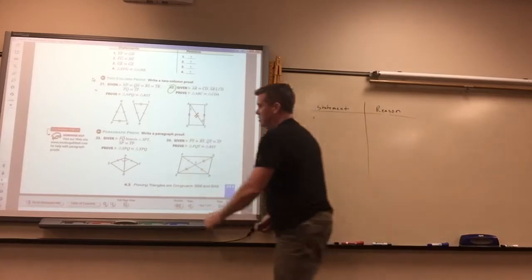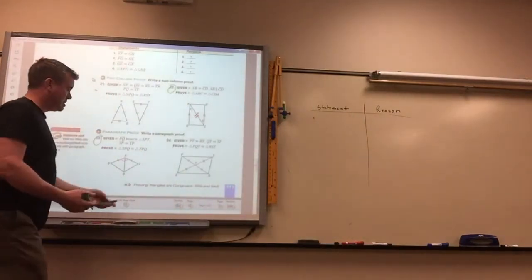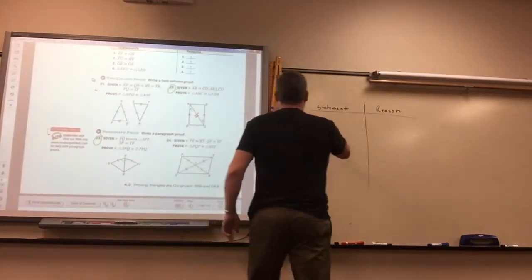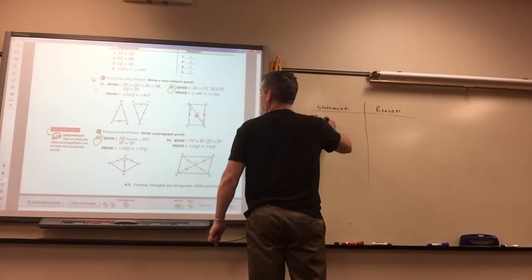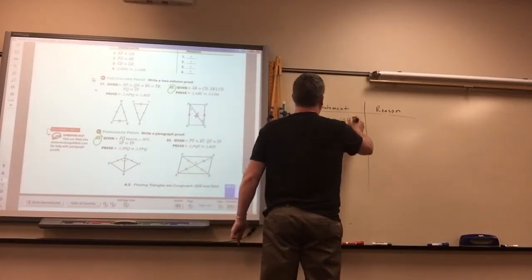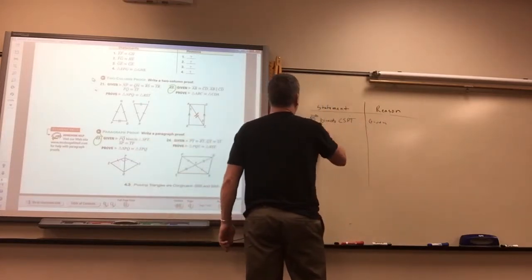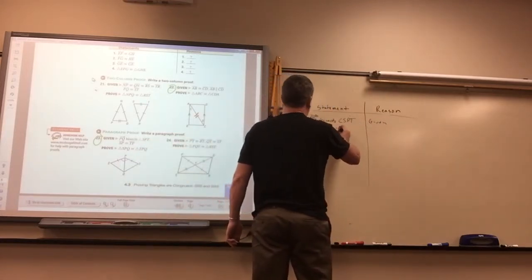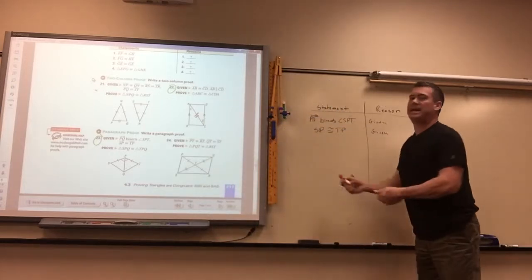The next one down here, not everything is given to you. So I start off with the givens. PQ bisects angle SPT, that's given. And they give us that two sides are equal. So far in the proof, I only have one thing.